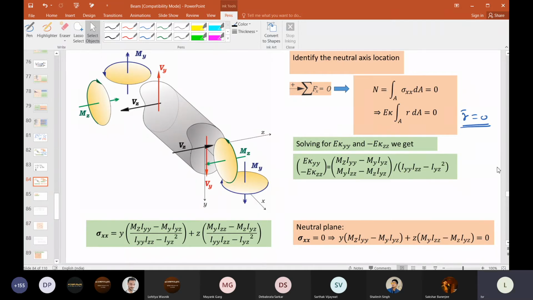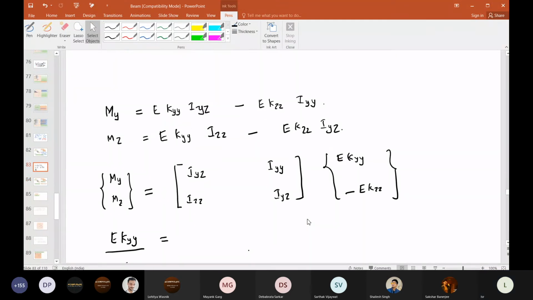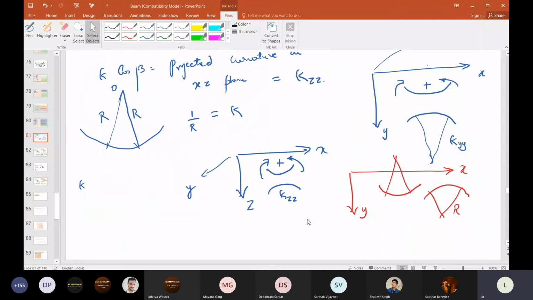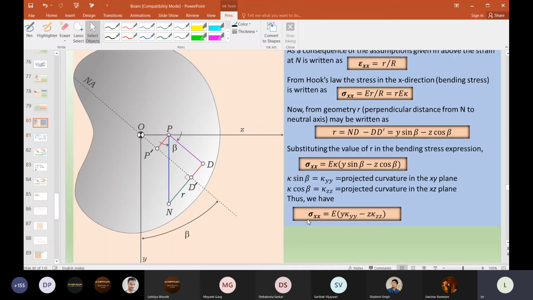Okay, now stress is what? Stress is E into y by R. Here y by R has become slightly complicated in this one, because sigma x is this one.